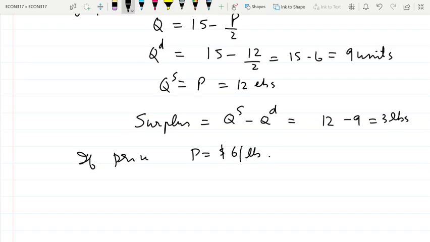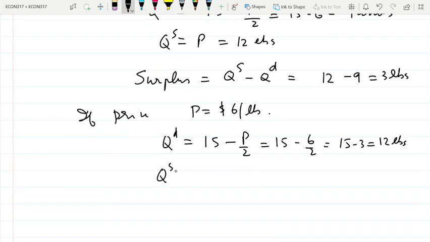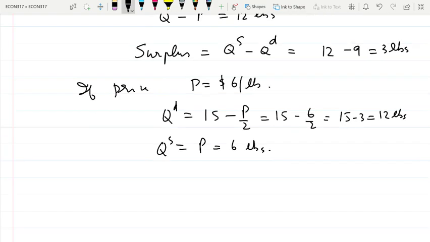We again find the quantity demanded: 15 minus 6 over 2, 15 minus 3, 12 pounds. Quantity supplied equal to P is 6 pounds. So quantity supplied is 6 pounds, quantity demanded is 12 pounds, so we have a shortage, which is quantity demanded minus quantity supplied.